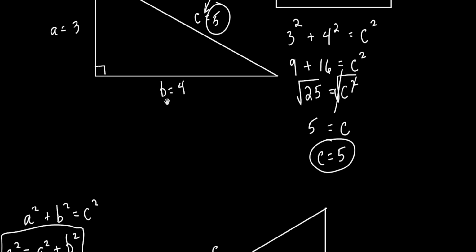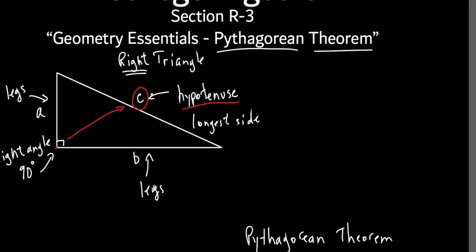Now what I'm going to do is I am going to go backwards. So the Pythagorean theorem said this. I didn't write it down like this. So here's what the Pythagorean theorem basically says. If you have a right triangle, I'm going to leave out some of the words. I'll keep the important ones.